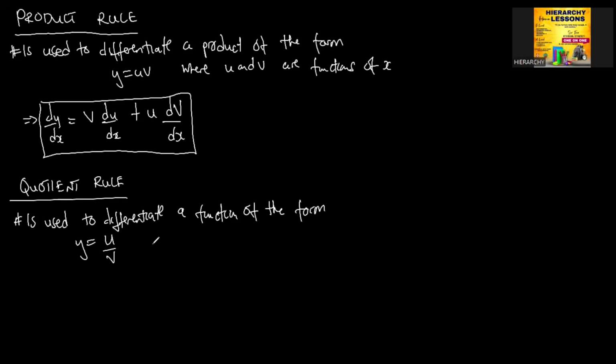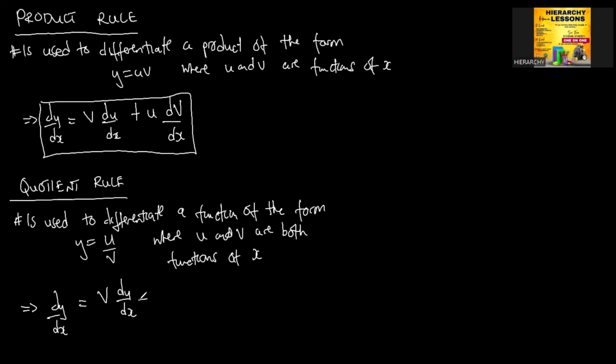So y is equal to u over v, where u and v are both functions of x. So dy/dx is equal to v du/dx minus u dv/dx over v squared.